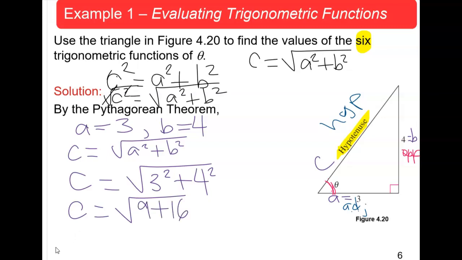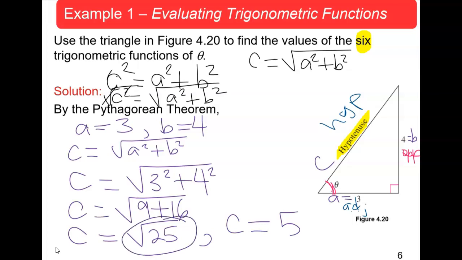Then we can add the numbers. So it is 9 because 3 squared is 9, 3 times 3, and it's 16 because 4 squared is 16, 4 times 4. Then we add the numbers, and that is equal to 25, which is great because it has an exact square root. So C will equal 5, which is the square root of 25.